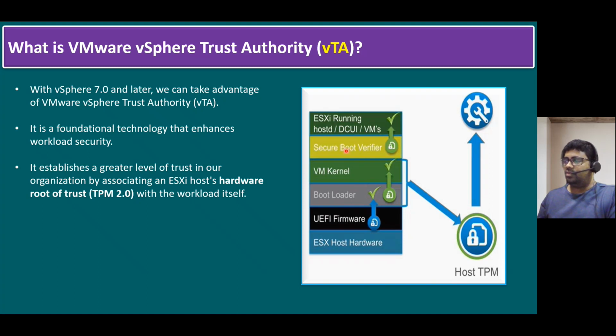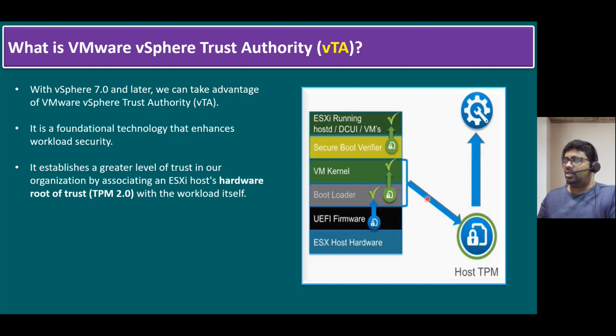But how this TPM works is, using the secure boot verifier, it will also validate how many vSphere installation bundles are running on ESXi. With the same procedure, this secure boot verifier does it not only on one single host, but for all ESXi hosts, so that finally we will get a compliance report and a non-compliance report. That is how this process is completely automated.